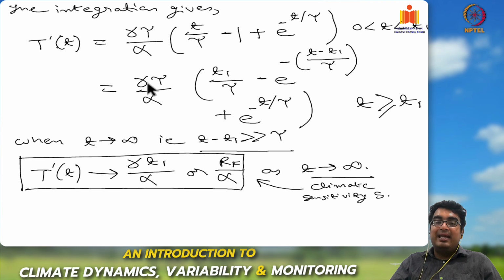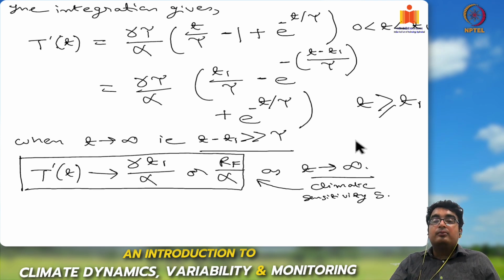Beyond t1, again we have gamma tau by alpha, t1 by tau, minus, now we have a different formulation, minus e to the power minus (t minus t1) by tau. Okay, so this new expression comes. This is the t1, the time at which the radiative forcing becomes steady, divided by the relaxation time, exponential negative of that, plus e to the power minus t by tau. This is for t greater than t1.